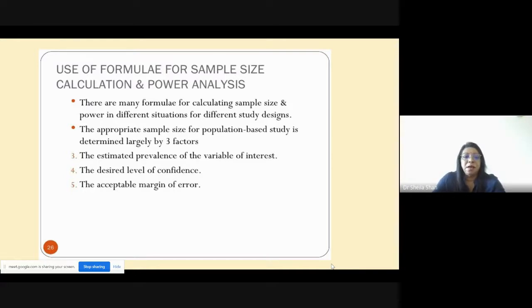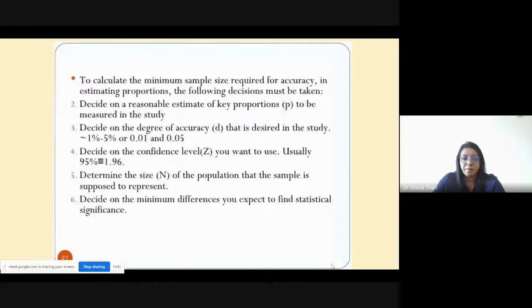The appropriate sample size for a population-based study is determined largely by 3 factors: estimation of the prevalence of the variable of interest, the desired level of confidence, and the acceptable margin of error. To calculate the minimum sample size, these are the requirements.